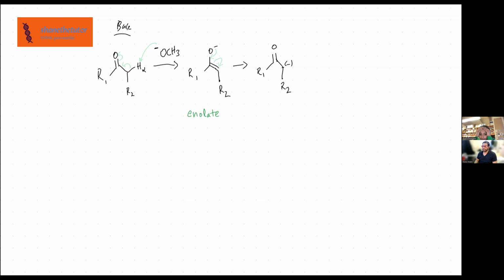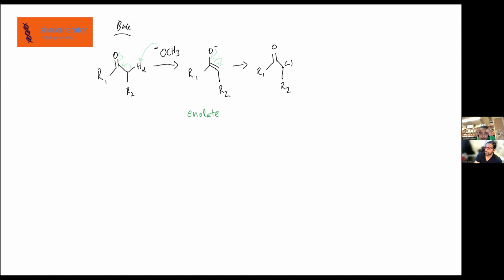And then that nucleophilically attacks. So the first step is, I think they call it charging or activating.